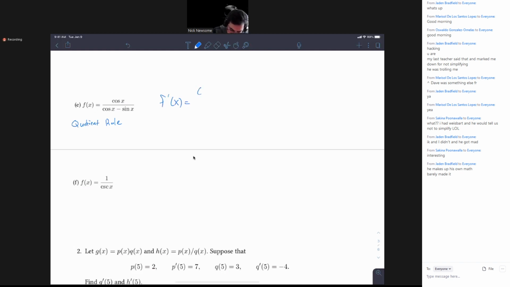Quotient rule says we need the denominator multiplied by the derivative of the numerator, minus numerator multiplied by derivative of the denominator.